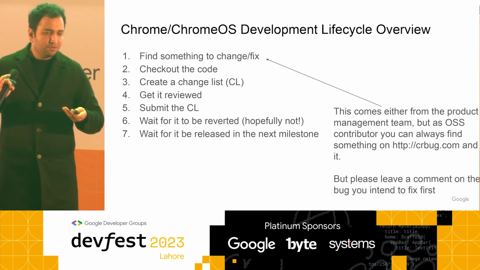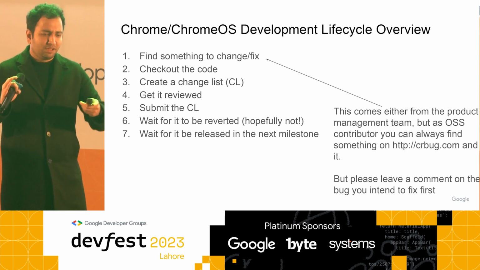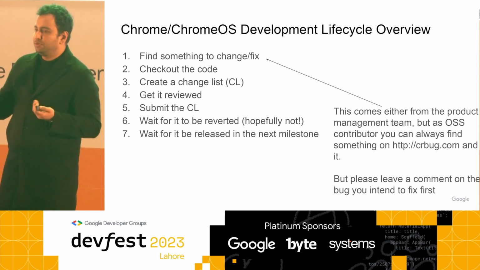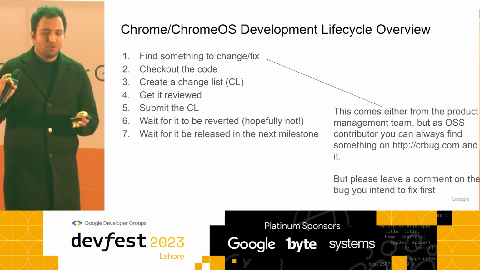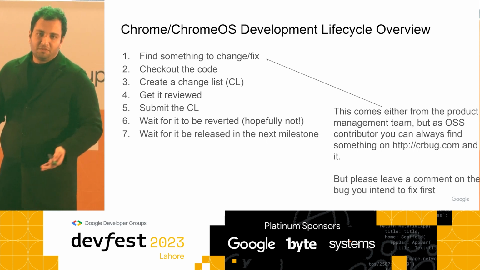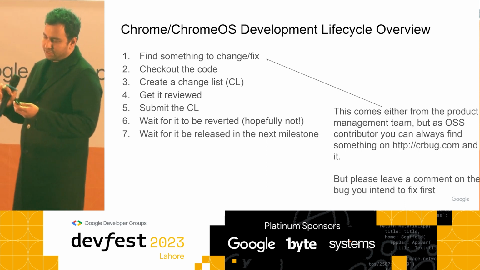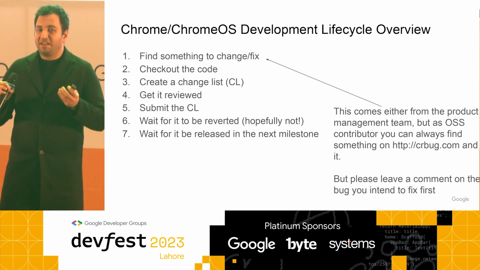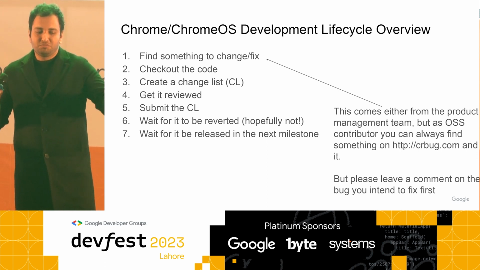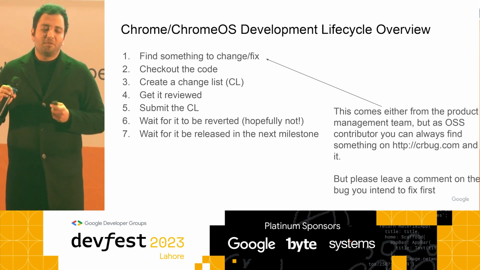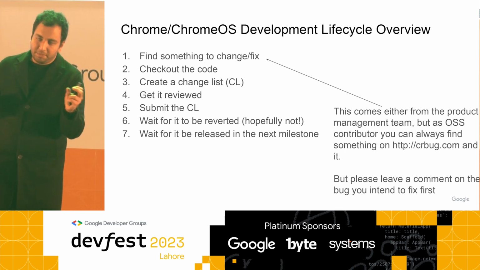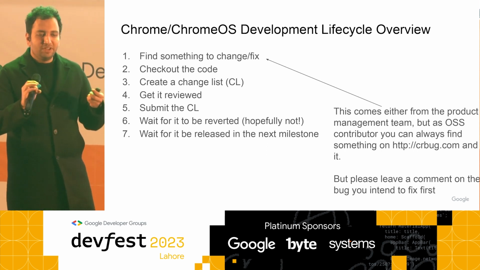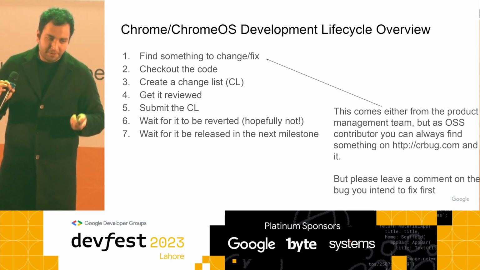But if you want to be an open source contributor, what you would do is go on crbug.com, which will take you to an issue tracker, and you can find a bug there. If you like the bug and you think you can fix it, you can leave a comment there. Usually, all of these bugs belong to different teams, so as soon as you leave a comment, someone will get pinged.